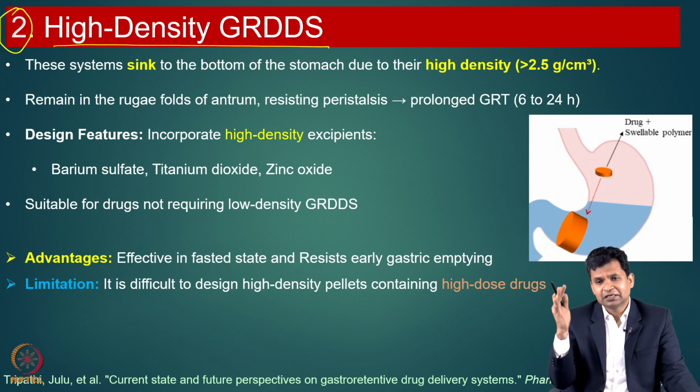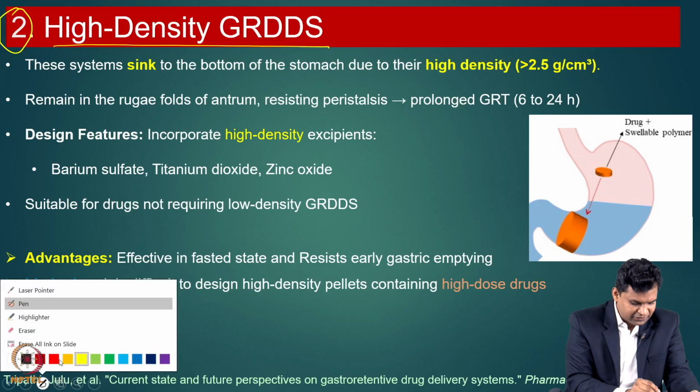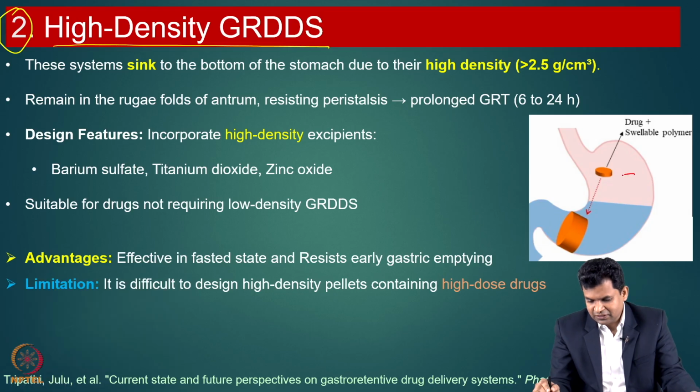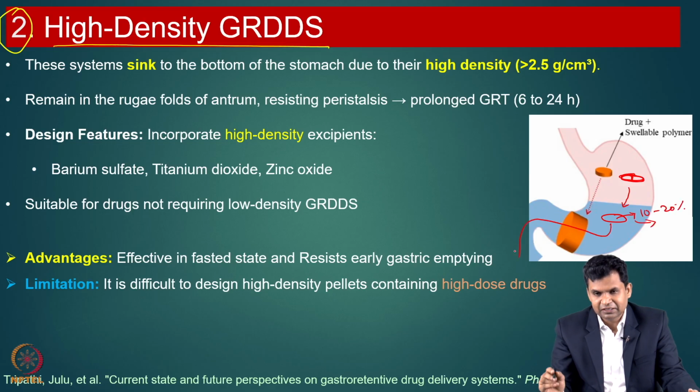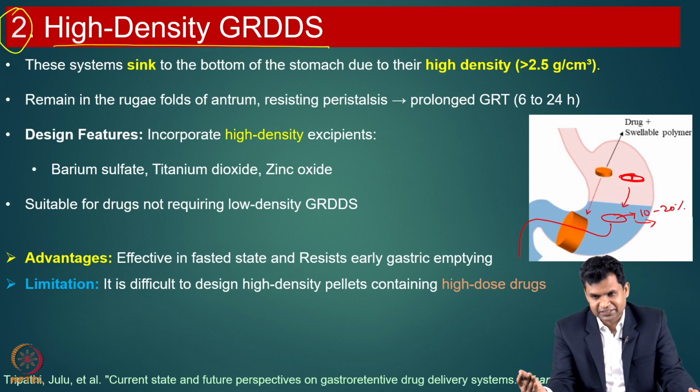What happens in conventional formulations: after administration, because of the pathophysiology and the gastric emptying mechanism, your formulation will come in contact with the GIT fluid and then a certain amount of drug will release, consider 10 to 20% of drug will release, and then the remaining will be taken away by the physiological system, that is gastric emptying. So, this is one of the major limitations.